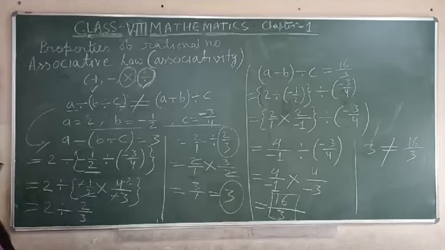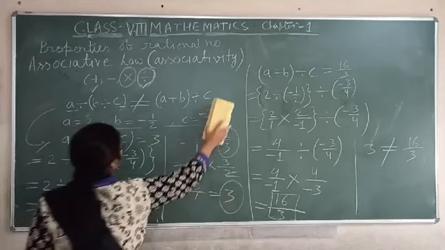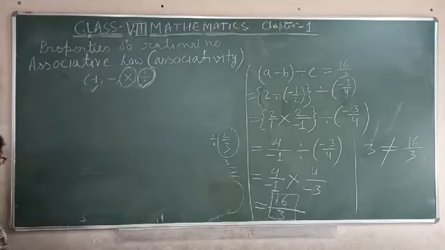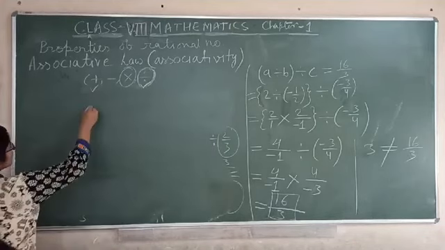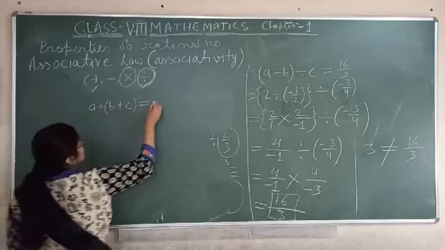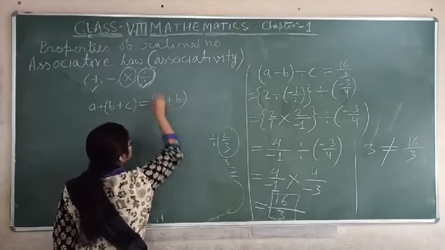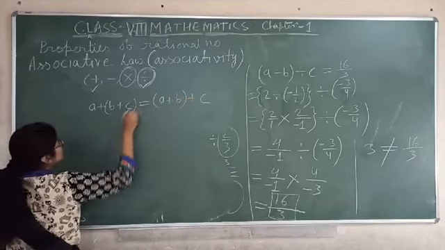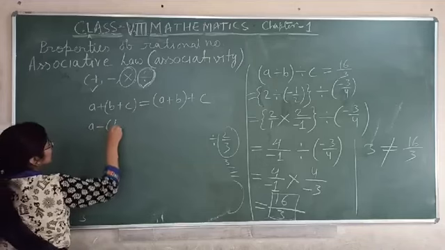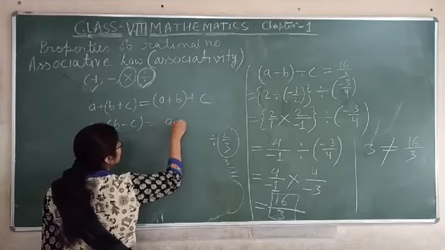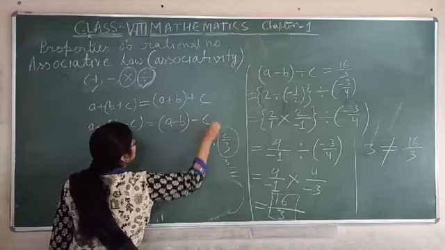Okay. So if you write this whole thing in short, how will you write? For addition you will write: a plus within bracket b plus c equals a plus b within bracket plus c. This one is applicable, so an equal sign here. A minus b minus c, b minus c within bracket, here a minus b within bracket minus c.